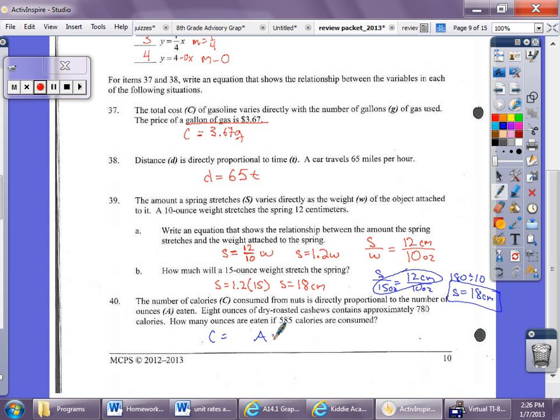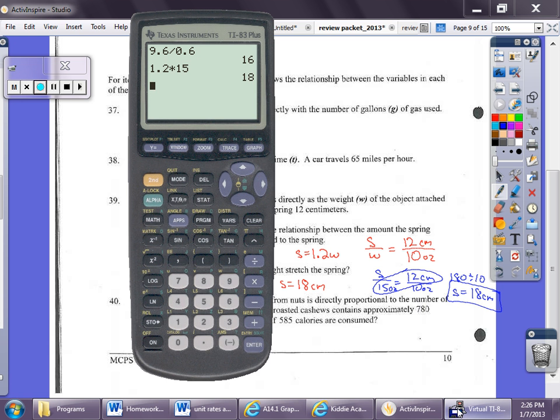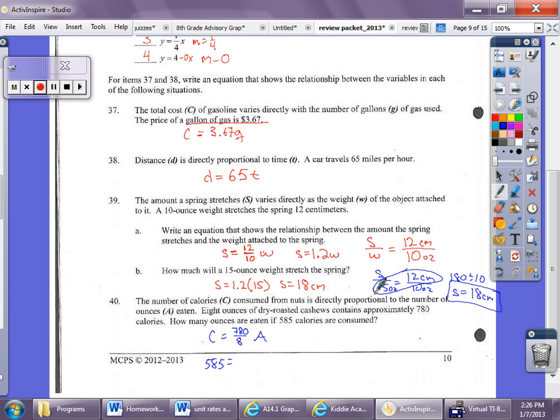So once again, we have C is equal to A, 780 calories over 8 ounces. Or we could do this, and then we put in 585 for calories, so we would have to solve that for C. So 585 calories equals 780 divided by 8. 780 divided by 8 is 97.5.